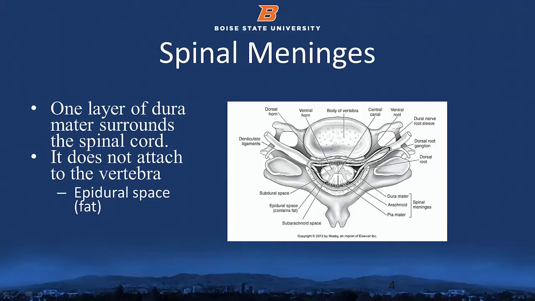That can be seen anteriorly here between the vertebral body and the regions of the spinal cord, and then also in the posterior arch here, where you see that nice fatty tissue that's cushioning. It also keeps the spinal cord at a consistent temperature whether you're hot or cold, and it helps with minor traumatic changes as we move around.